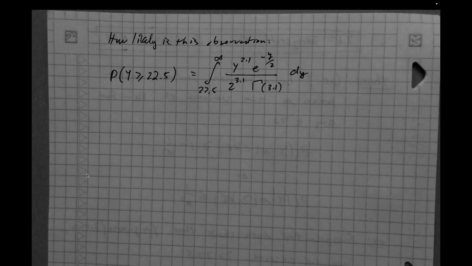Okay. And so the problem here is that this particular set of parameters makes this integral impossible to calculate directly. I mean, we can't integrate this like we normally could, right?